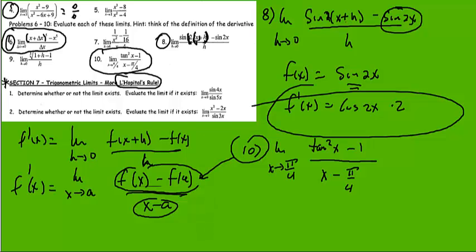They want you to find the derivative of a function at some value a. First of all, where is the function? The function is located right there. My function is f of x equal to tangent squared x.